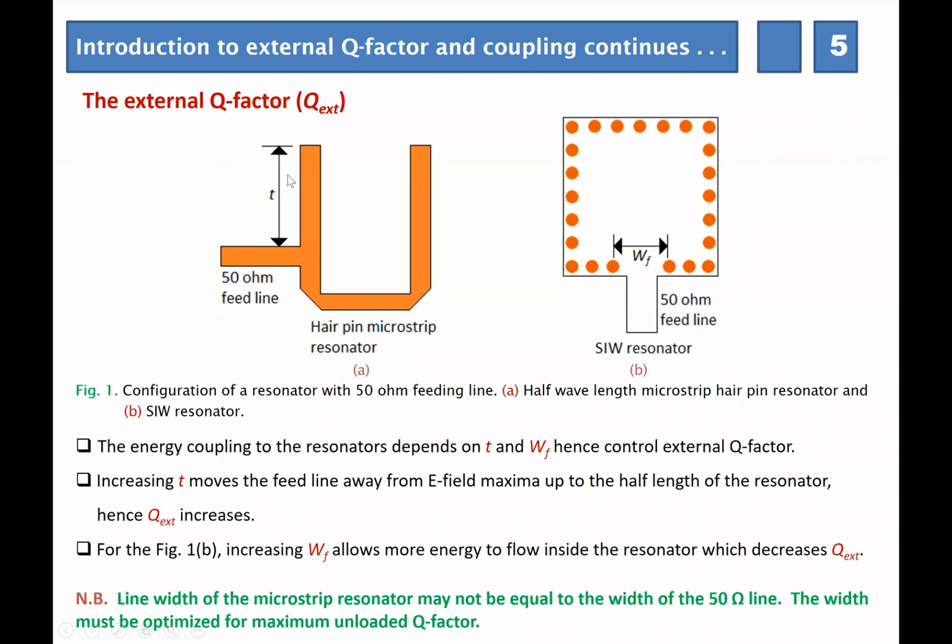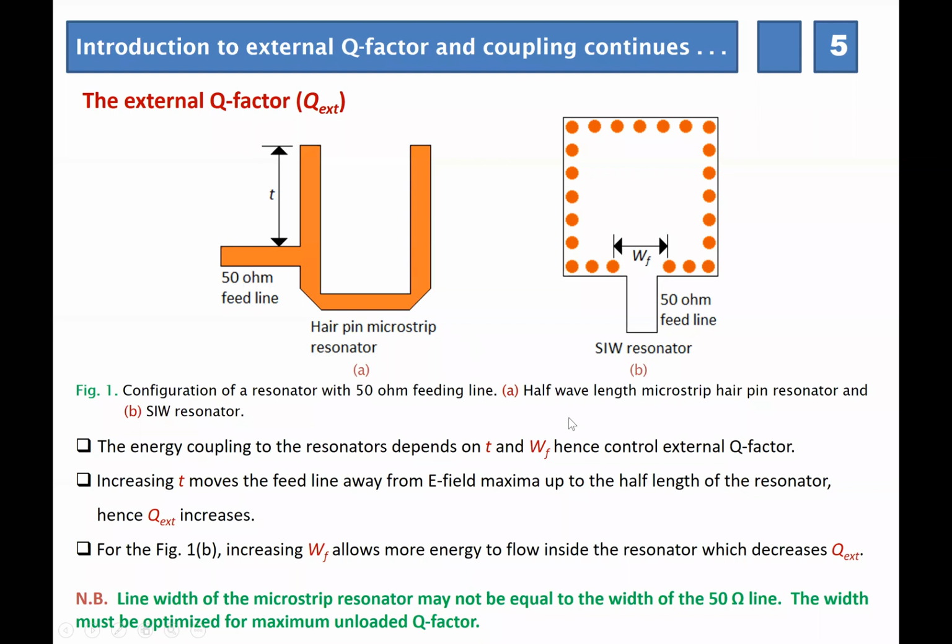If you make this width very narrow, then what will happen? Current density will become very high, and that will lead to higher ohmic loss. So we have to optimize that width of the resonator line so that we can achieve the maximum unloaded quality factor of the resonator.